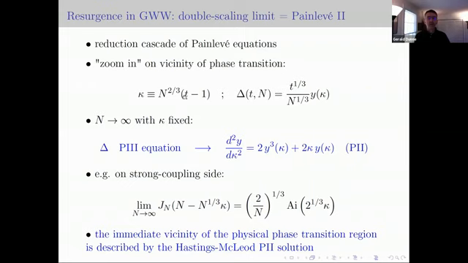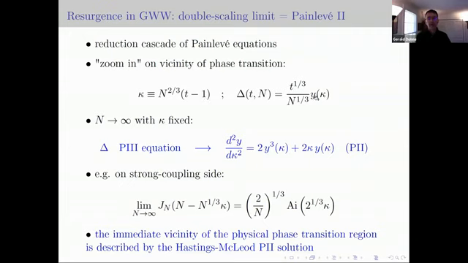And so we can zoom in on this region where t equals 1 by defining a new variable that scales in this particular way when N becomes large. And we can define a new function, which is this function reduced to a function just of this, so that as N goes to infinity, we zoom in closer and closer to this transition point at t equals 1.